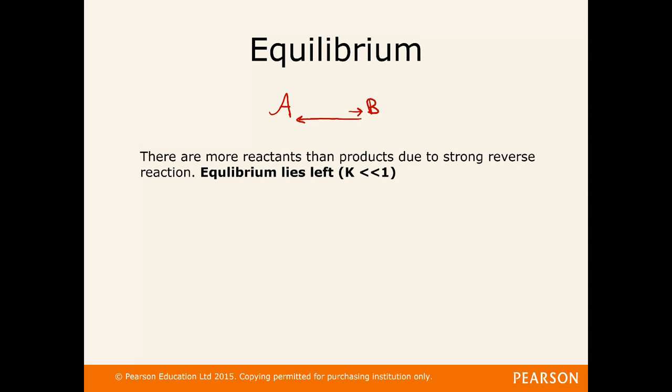And in this case, if we look at Kc values, what we'll see is that we have an enormous amount of A when equilibrium hits. And so this will make Kc very small. Small Kc values can get as low as like 10 to the negative 34. You can have 10 to the negative 12. So Kc values can be very, very tiny.